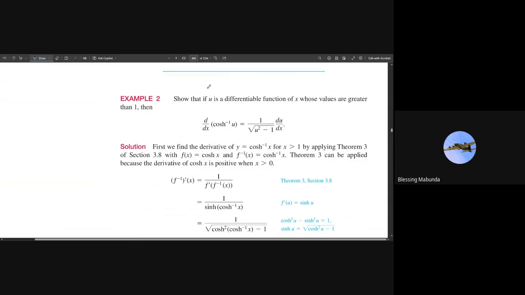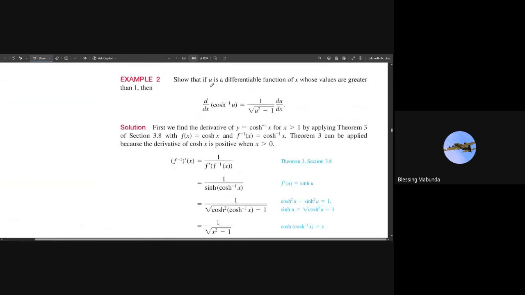Here we have the derivative of cosh inverse u, and this is equal to 1 over the square root of u squared minus 1 multiplied by du/dx. We have that f inverse prime is equal to 1 over f prime of f inverse of x.